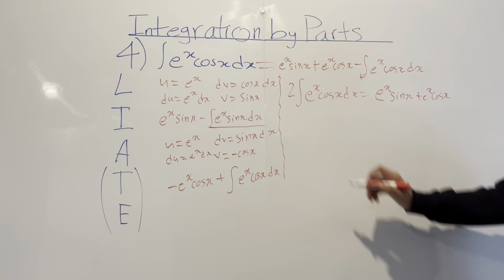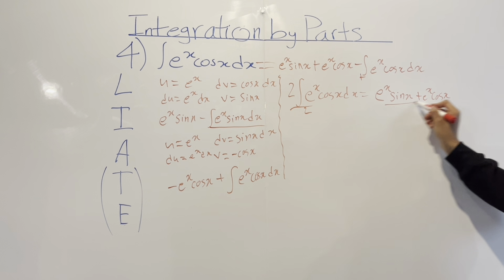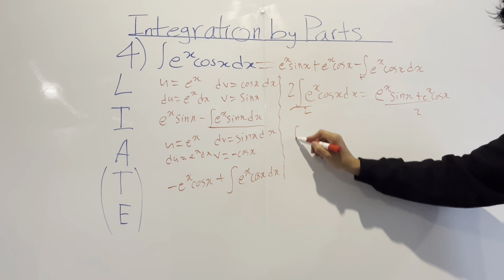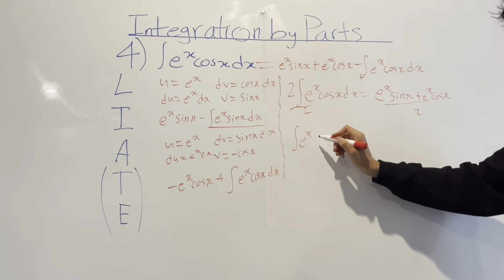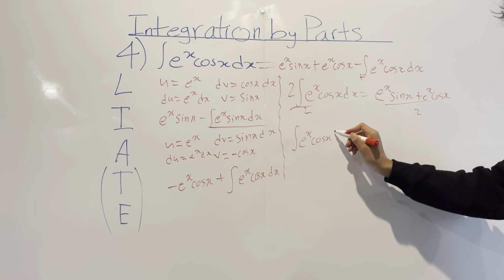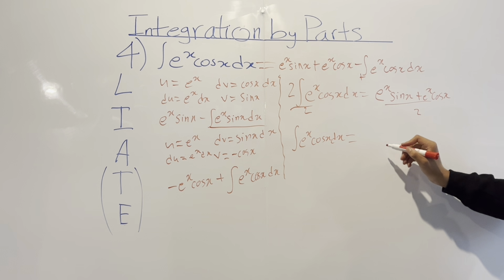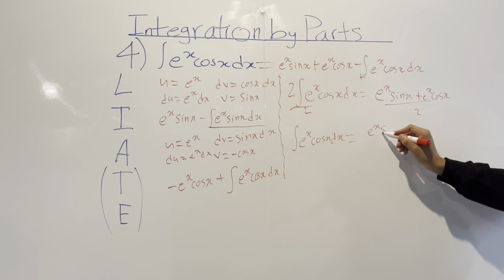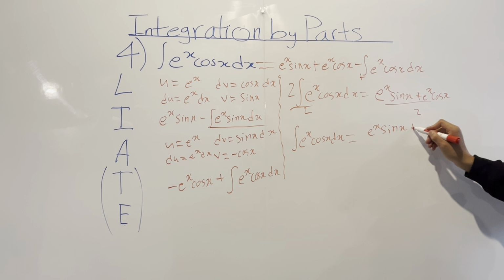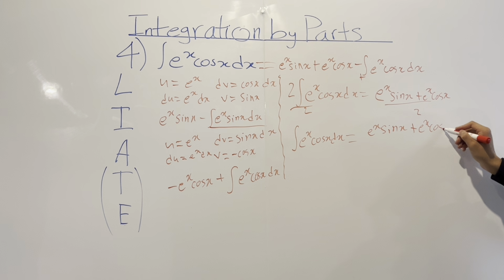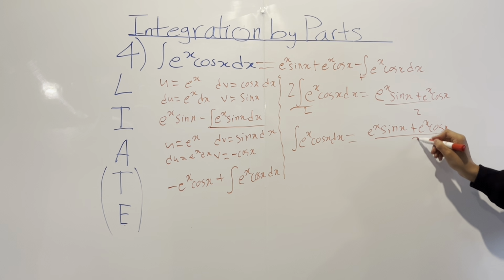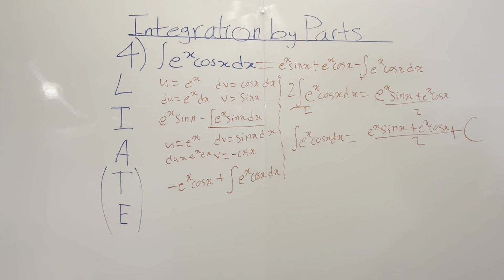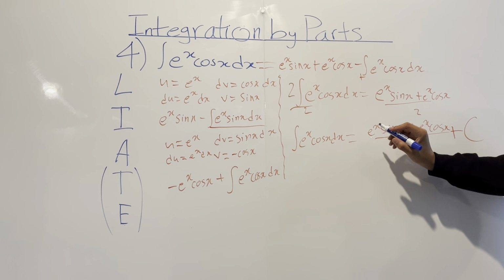And now all we have to do is divide by 2 on both sides. So our final answer is, the integral of e to the x cosine x dx is equal to e to the x sine x plus e to the x cosine x divided by 2 plus c. And that is our final answer.